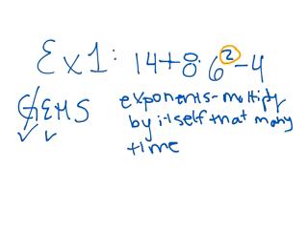So in this case, that 6 squared is telling me to do 6 times 6. So 6 times itself 2 times, and that gives me 36.